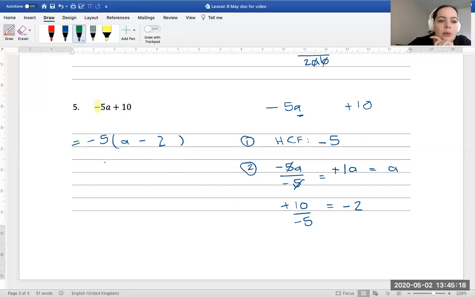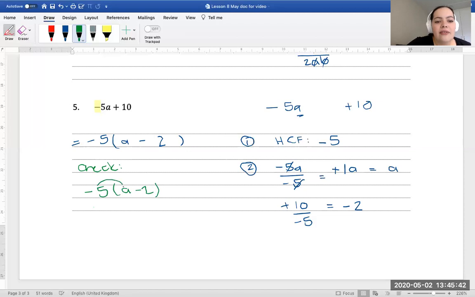And once again, we can check that this is correct. Remember, please, the stuff I'm doing in green is not necessary for you to do as well. It is just a nice way for you to check that you are doing this correctly. Okay, so let's see if my pen will play nicely for this last example.